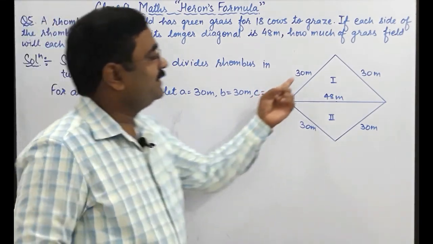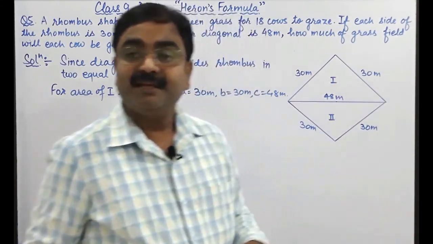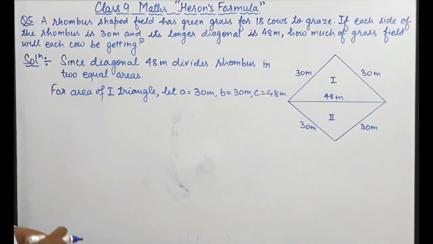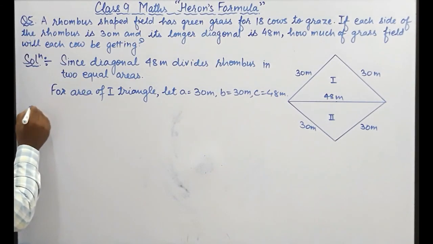This side A is 30 meter, this second side is also 30 meter, and the third side is 48 meter we have taken, right? Now after getting the values of A, B and C, let us start finding its area.